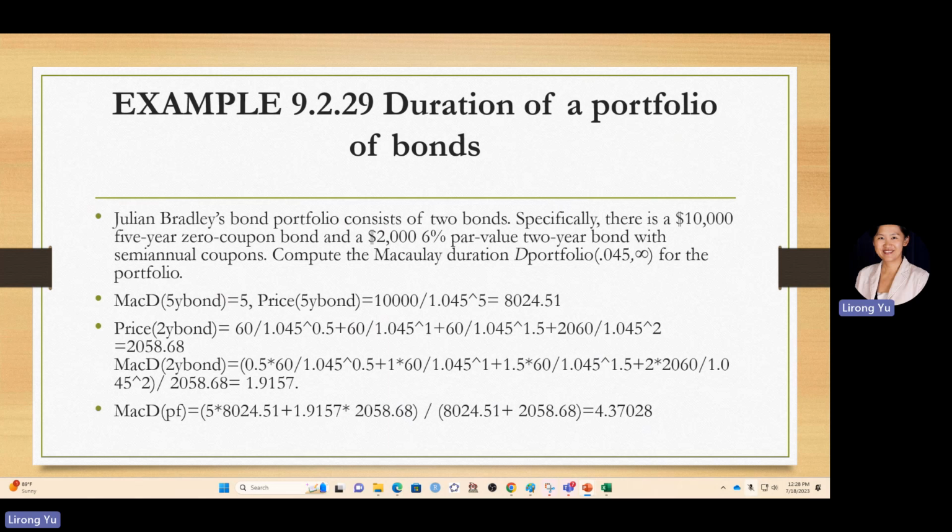we'll find the present value of all the cash flow, and then we're gonna discount each cash flow.